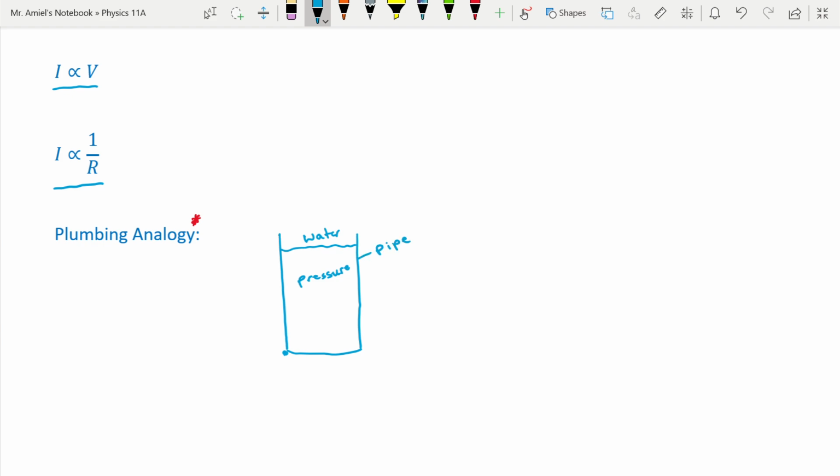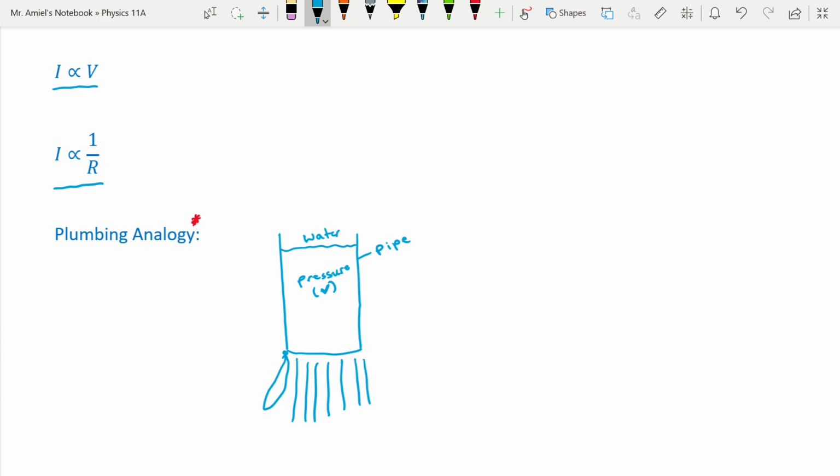Okay, so we're saying our pressure is similar to our voltage. Our pressure is what's creating our potential energy. So this pressure buildup is we've got this stored energy that's able to do work. And if we flip open the lid on this thing, what's going to happen? Well, we're going to get a bunch of water pouring out of here really quickly.